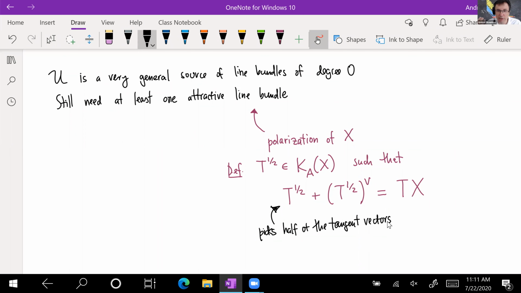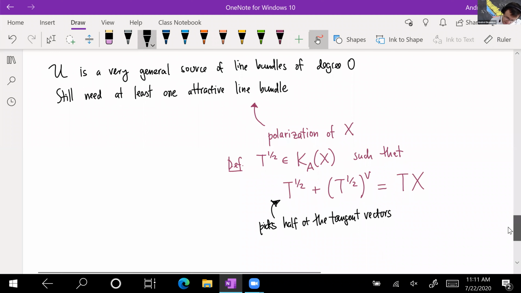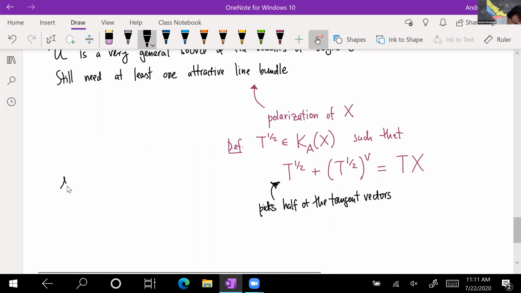Since my manifold is symplectic, the tangent bundle is self-dual. So if I pick one and then take the dual, I should get the whole thing. Then we can take the theta bundle of that polarization. This has the right degree.